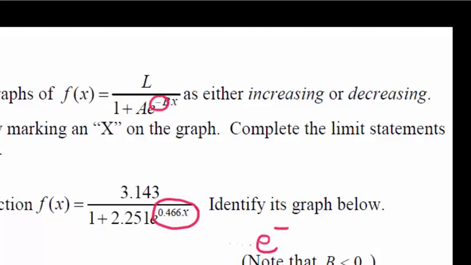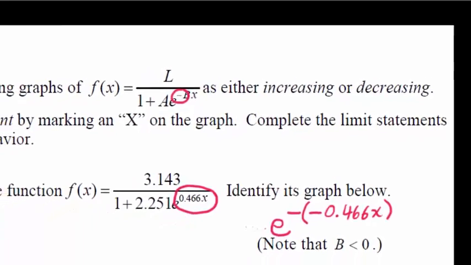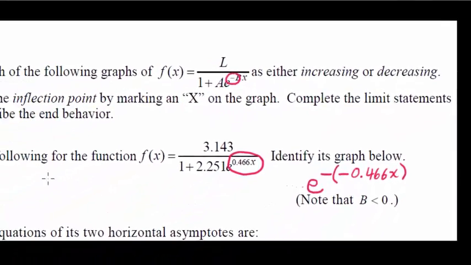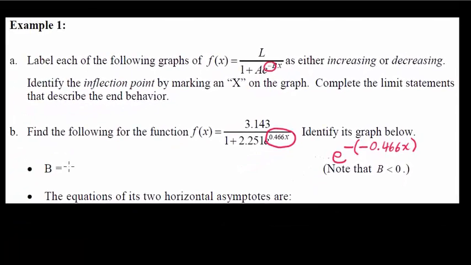Okay, so if I wanted to write this e to the negative b, well, I don't have my negative there, so we can think of this as negative 0.466x. Alright, so if we rewrite it like that, it might make a little more sense that here b is negative 0.466. So this is going to be the case where we are decreasing.